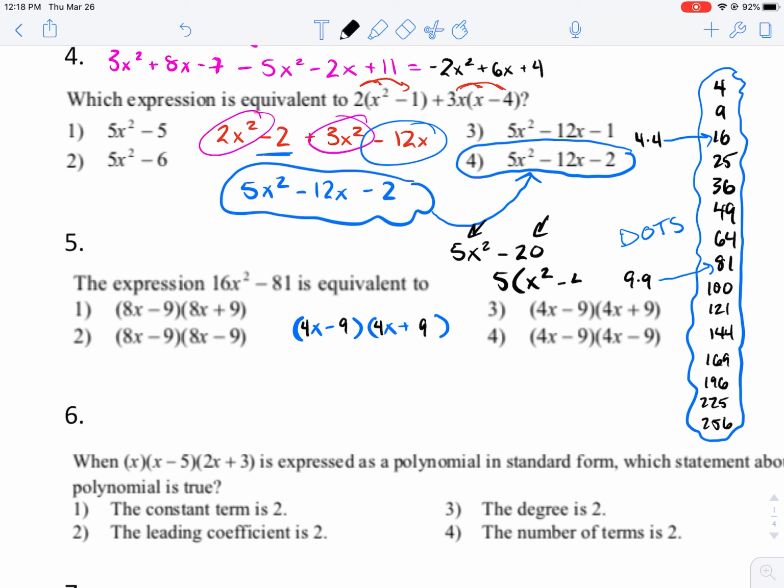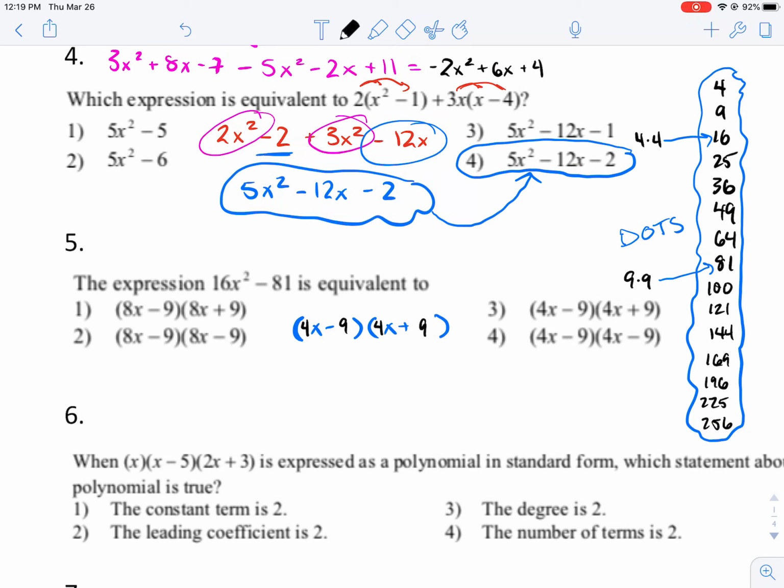Take out a 5 from each, and voila, we have x squared minus 4, which is the difference of two squares problem. We haven't encountered any problems like that, guys, but just check to make sure if there's a GCF. I apologize for not bringing that up sooner, but we don't see one here.